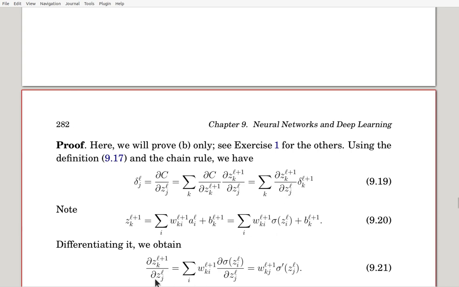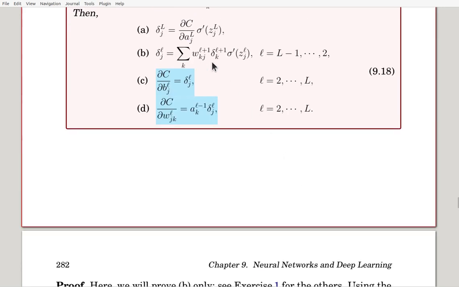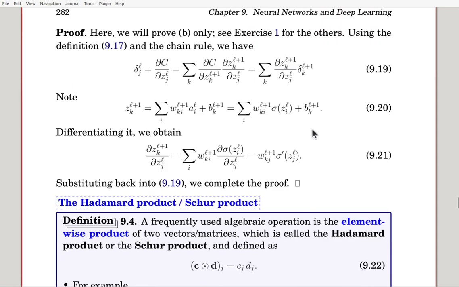This term is differentiated with respect to z_j^L. The other terms are constant, so they disappear, and this term is exactly σ prime of z_j^L. Combining this quantity with the one over there, we get the result, so we have proved it. It is quite simple, a simple application of the chain rule.